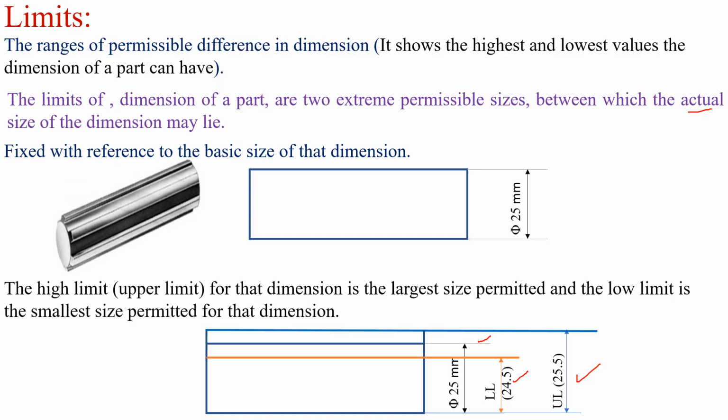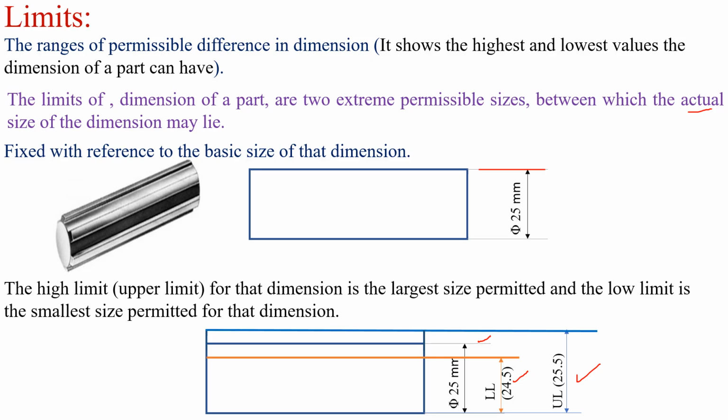Limits are fixed with reference to the basic size of that dimension. So here 25 is the basic dimension and we are considering this as the reference point. The upper limit for the dimension is the largest size permitted and the lower limit is the smallest size permitted for that dimension.